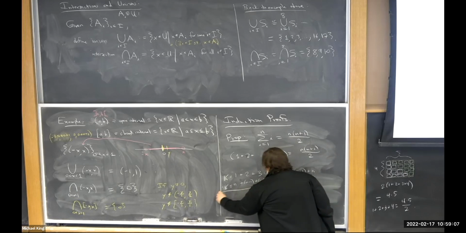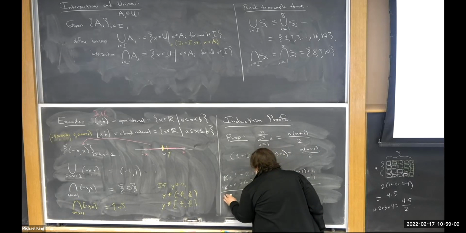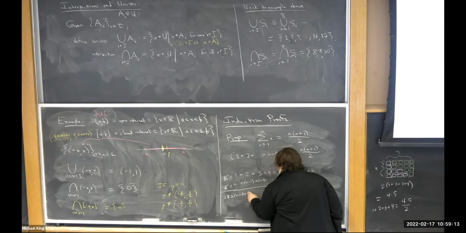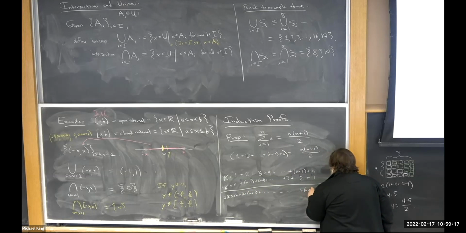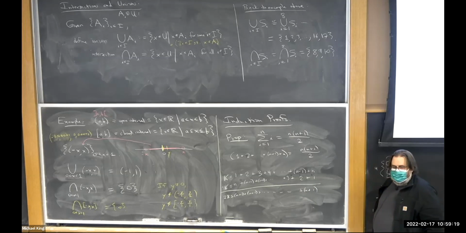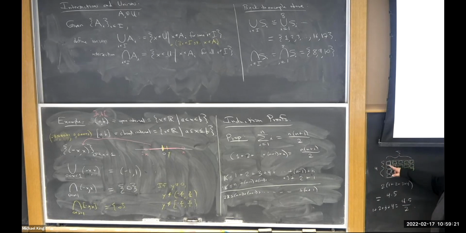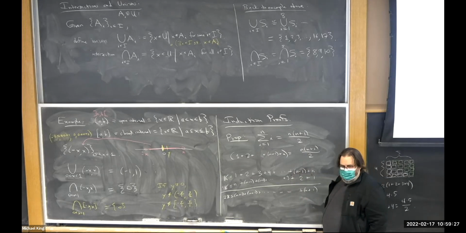And then get that 2K is n plus 1 plus n plus 1 plus n plus 1, n times. But if you think about it, that's exactly what this is. This is like 1 plus 4, 2 plus 3, 3 plus 2, 4 plus 1. So yeah, I've seen the argument given this way.